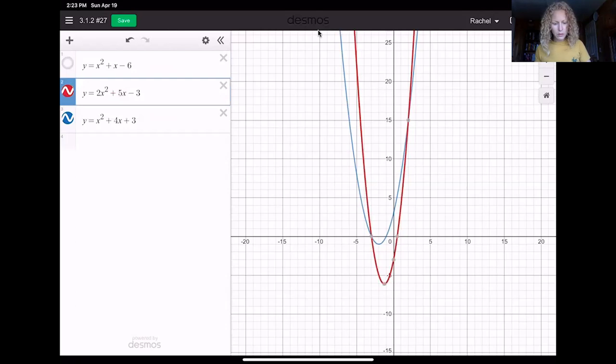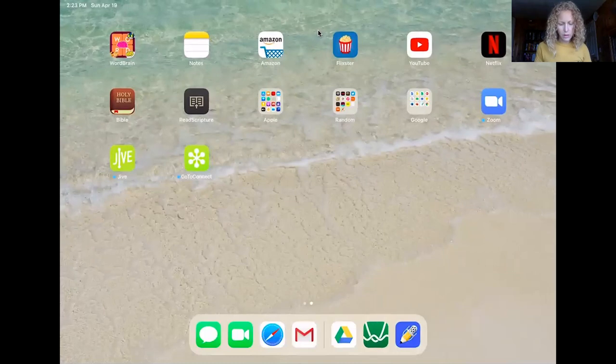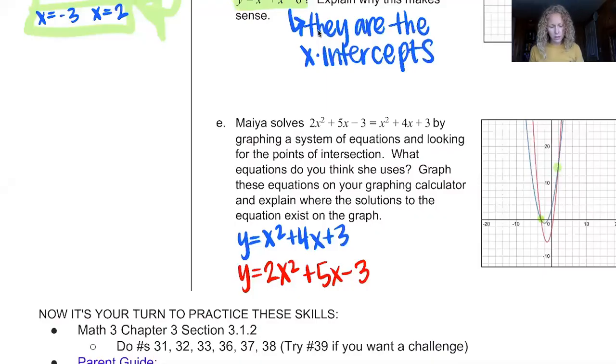If we look for where these two graphs intersect, they actually intersect at the x values -3 and +2. Same as we already saw. They intersect right here. This one is -3, and this intersection point is x equals 2.